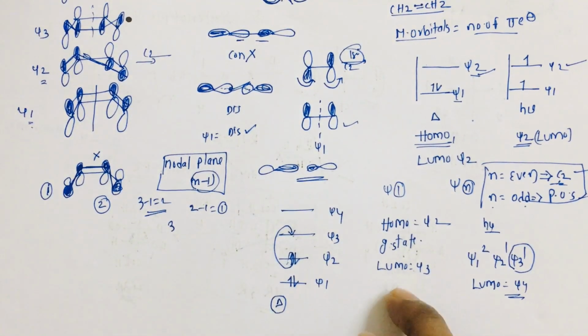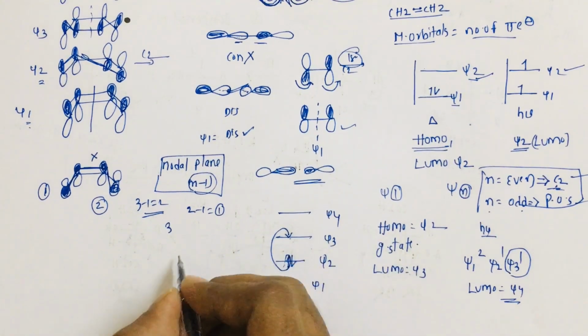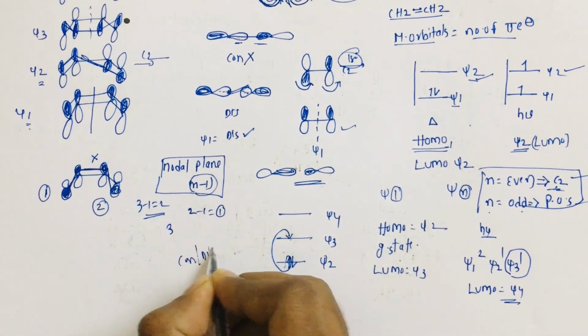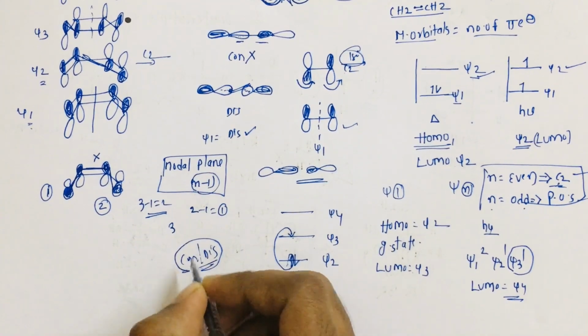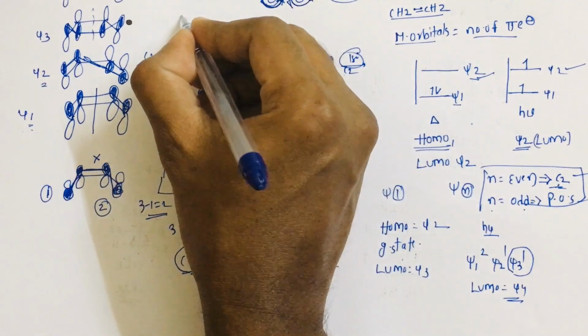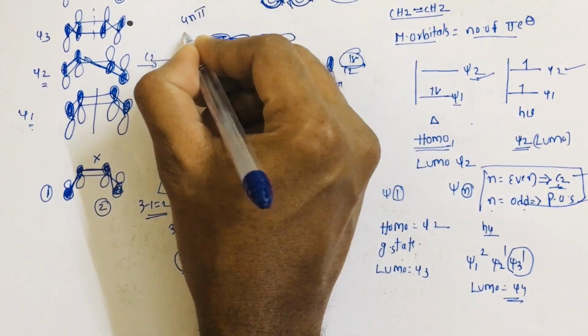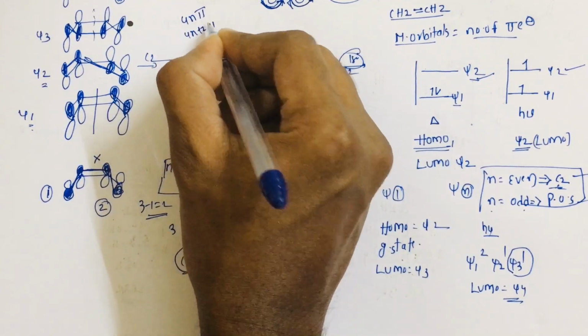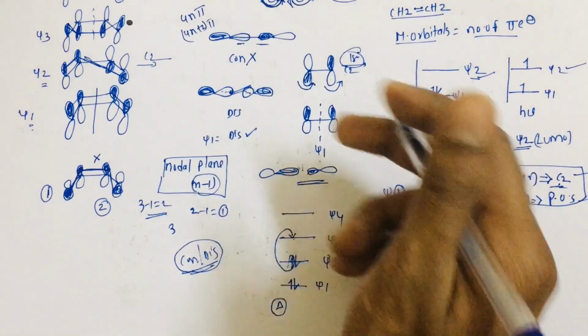so in this case the con and disrotation is very, very important. So most of the questions will come this way only, like when we have a 4n pi system and a 4n plus 2 pi system, problems will come based on this only.